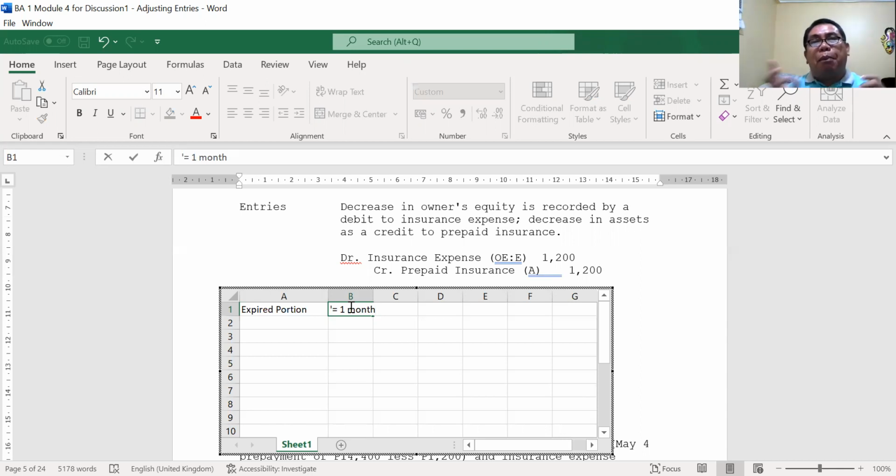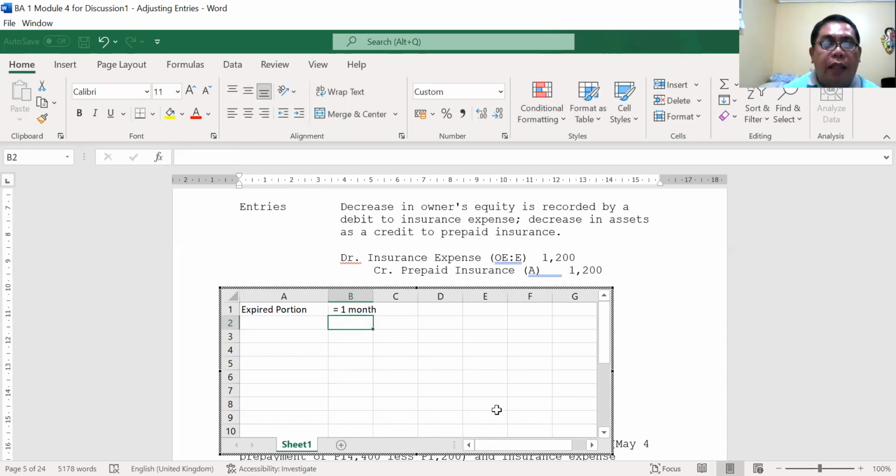For example, if it is December 31, then from May 1 to December 31 is how many months? That is the expired portion. So you have there 1 month.